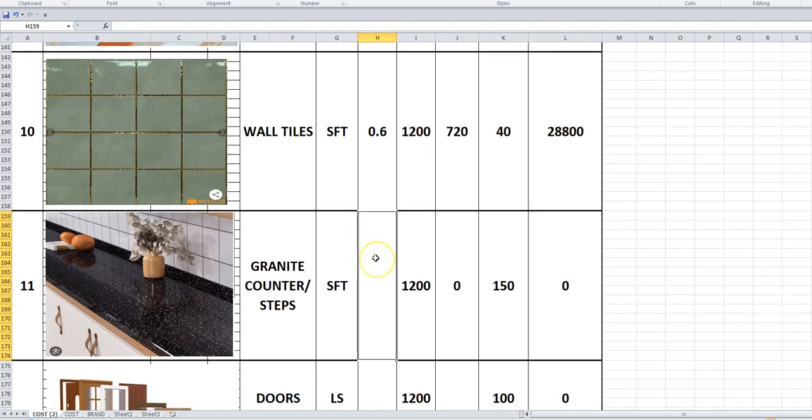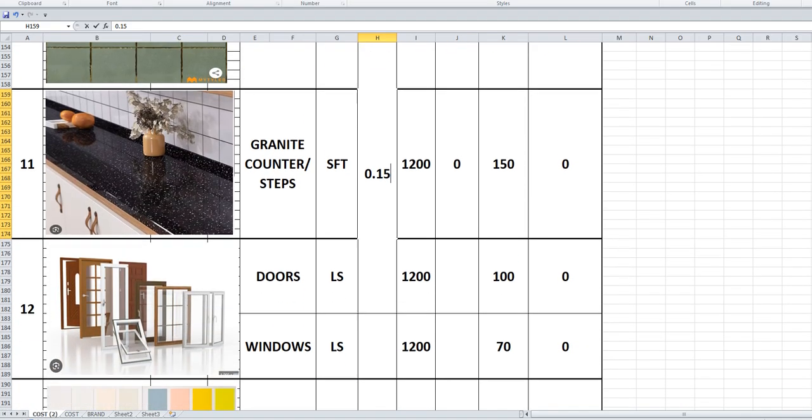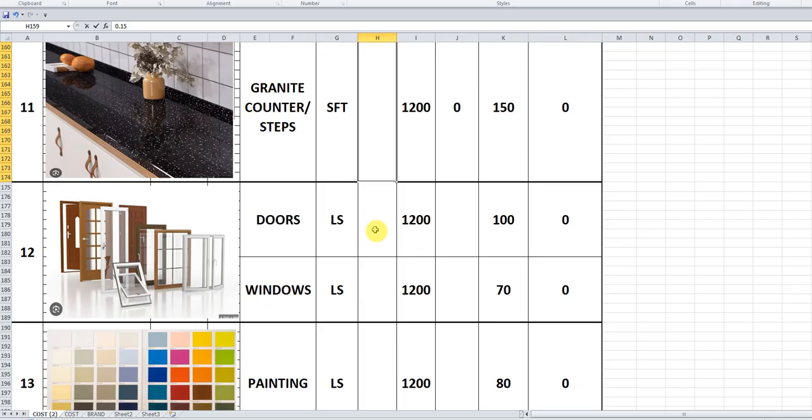Granite is used in kitchen counters and in the steps, sometimes in the staircase as well. For granite I am taking 0.15 square feet per square feet. For doors and windows, for the time being, I am taking a lump sum: 100 rupees per square feet and 70 rupees for windows.